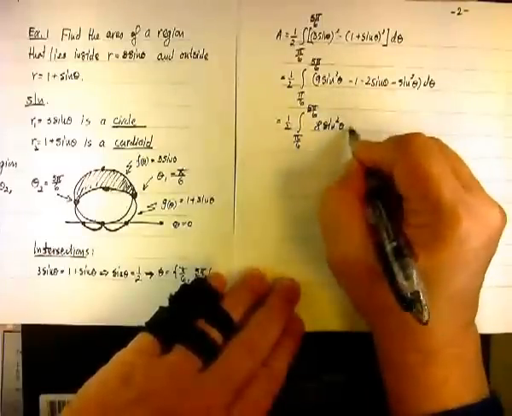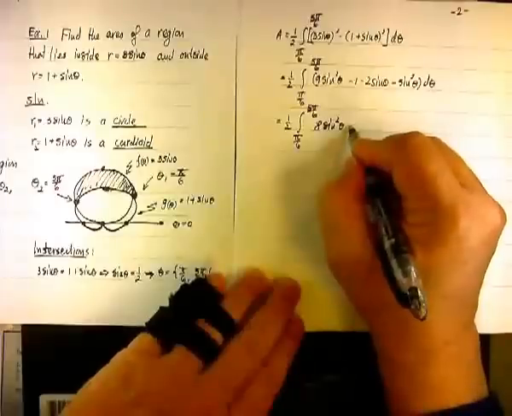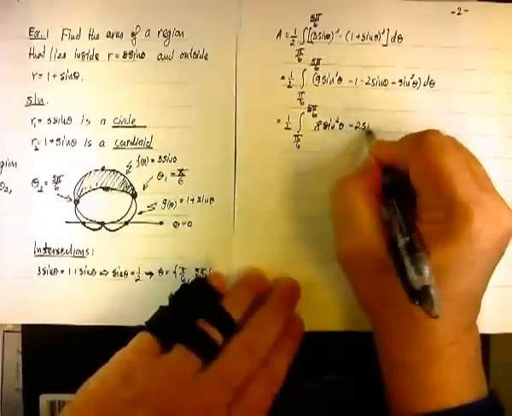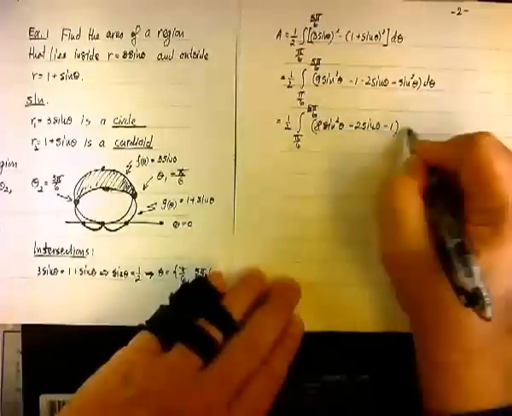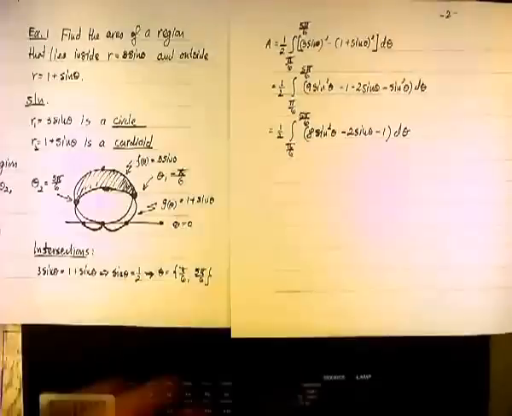We have 9 minus 1, so we have 8 sine squared of theta, and let's go minus 2 sine theta minus 1.